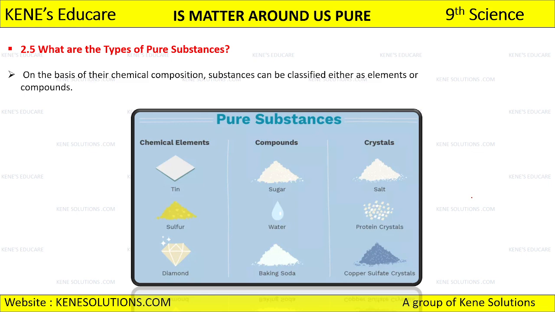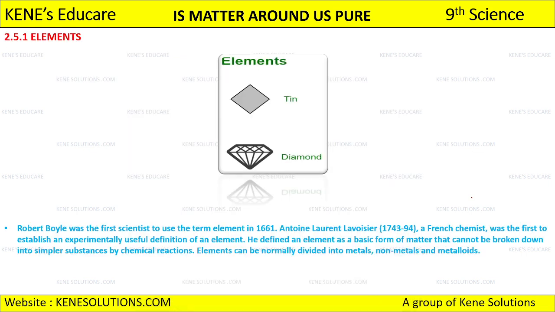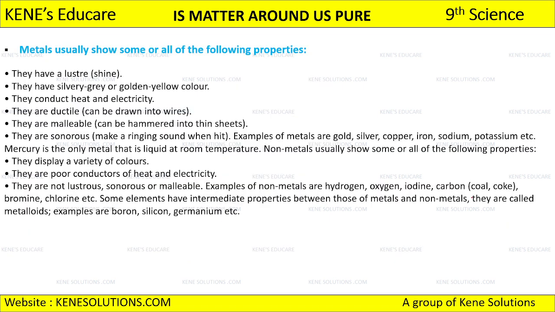Then after discussing the types of pure substances in detail, we will be discussing elements, what elements are exactly. Then after discussing elements in detail, we will study some of the properties of metals as well. The properties of non-metals are exactly going to be the opposite of it.